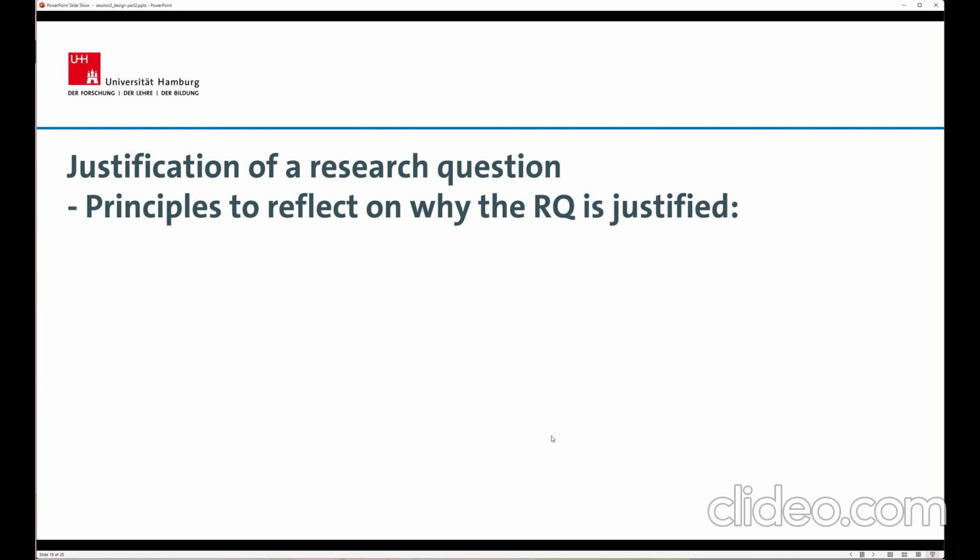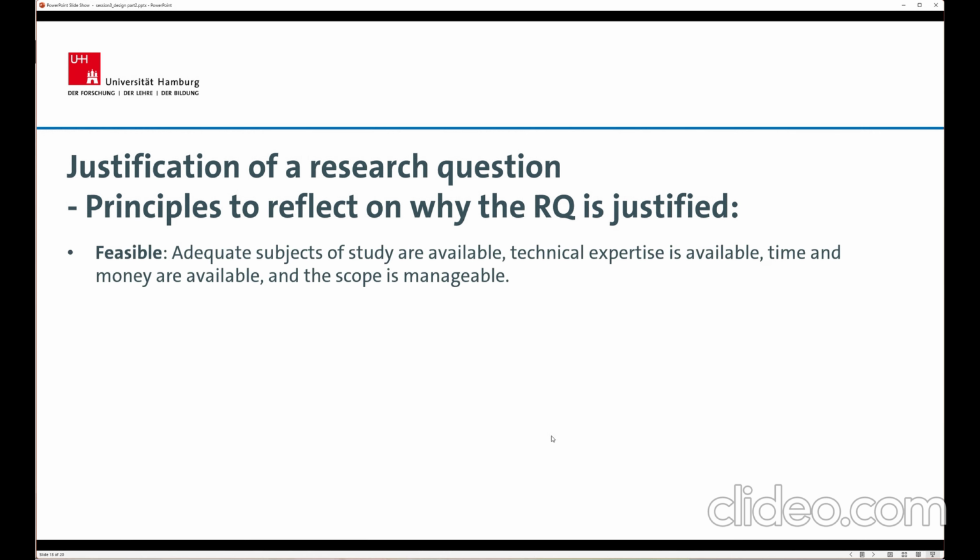In reflecting about a research question, it's worth considering a few principles that describe characteristics of why a research question would be of high quality. First, the research question should be feasible, meaning that data will be available to answer it, the expertise in doing this study is available, and there's expertise available to help you through your advisors, supervisors or mentors.